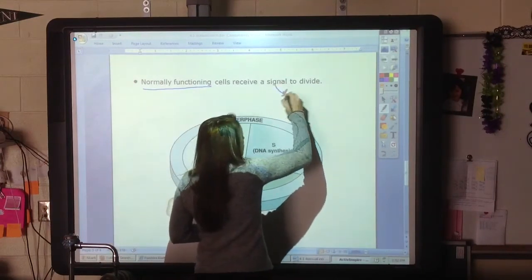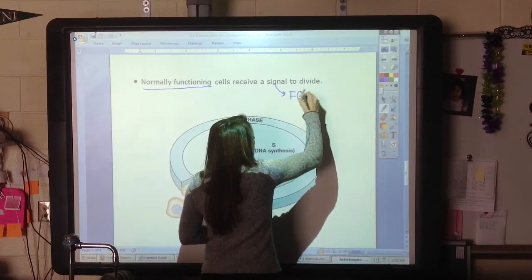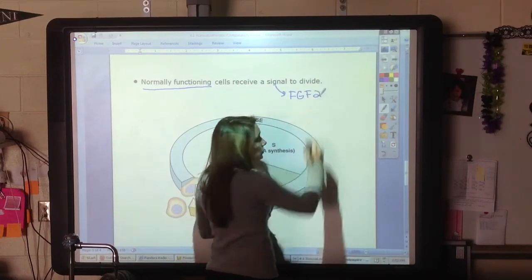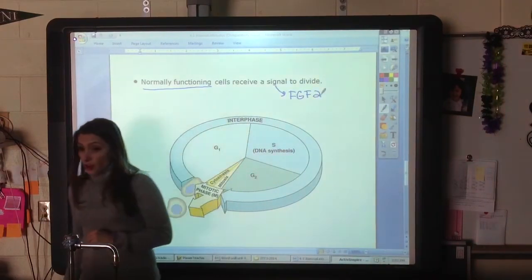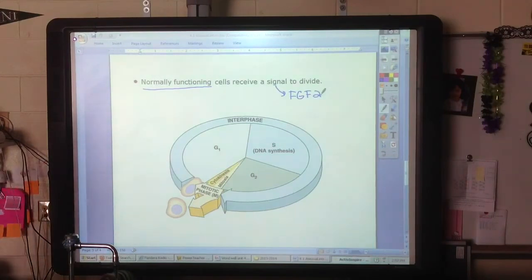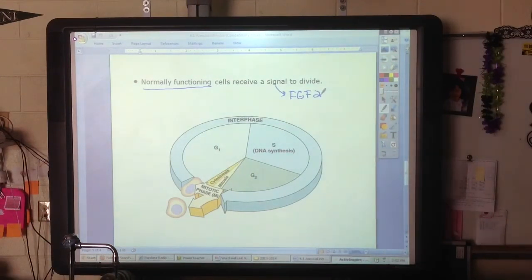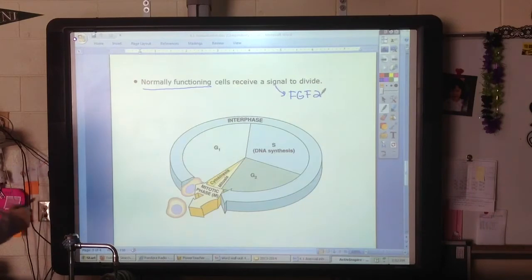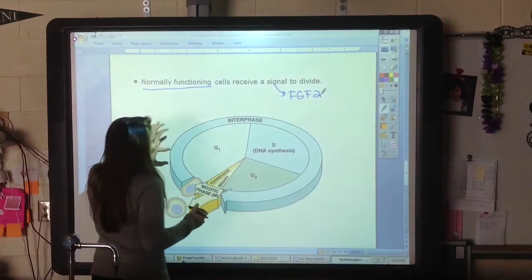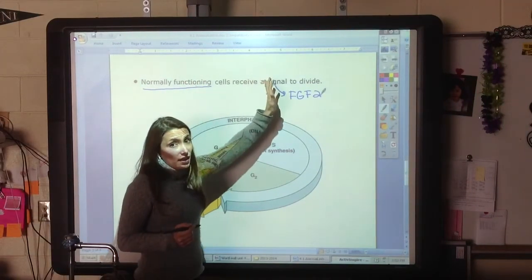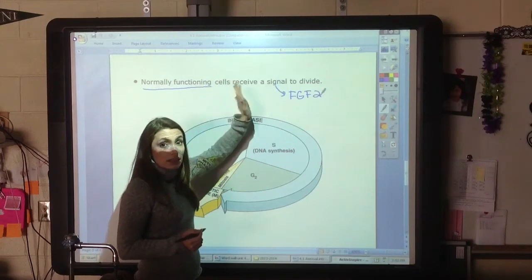Now this signal, we've actually talked about signals like this. If you remember FGF2, fibroblast growth factor 2. It's a signal that will bind to the outside of the cell and will actually tell the cell to begin to divide. So a normal cell doesn't do anything until it receives a signal.